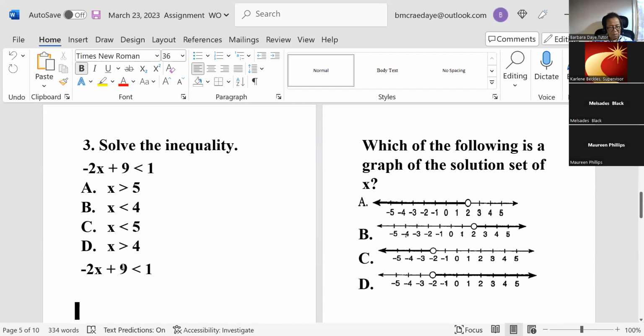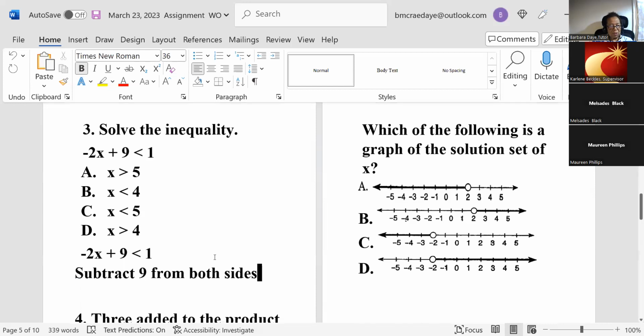You're trying to get the 9 over here with the 1, and it's being added. So you subtract the 9 from both sides, right? Subtract 9 from both sides.